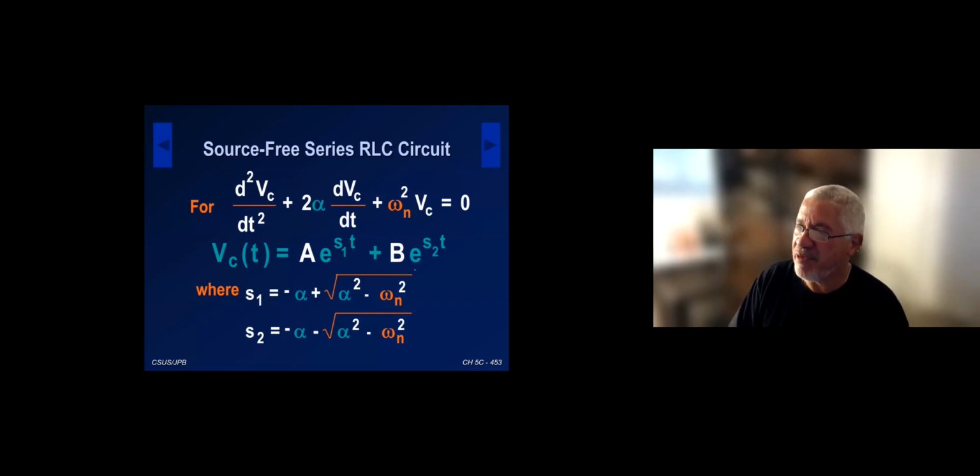Then if it's negative, we have the square root of a negative number, and we pick up a complex value here. The last case, which I call a borderline case, is when alpha is equal to omega n. So what's under the radical is 0, and we have what's called a double root. Again, you can look at your differential equation course as a refresher. We're putting this as a summary in order for you to do that.